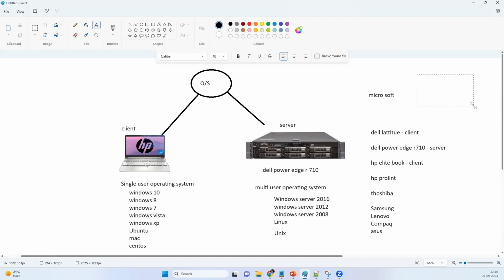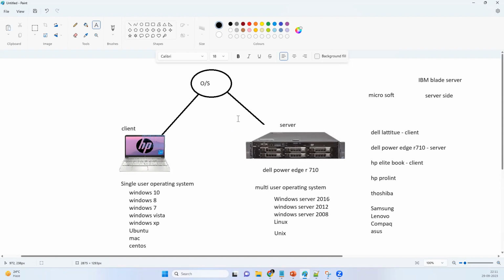And IBM Blade servers, the IBM company created their own servers. Those servers are designed only for the server side.